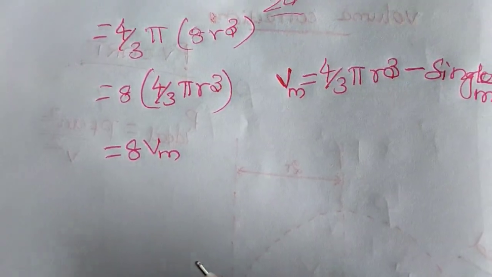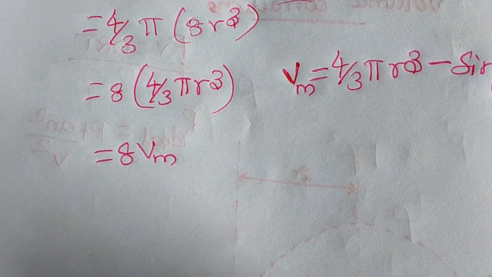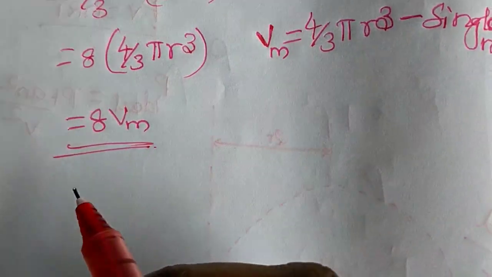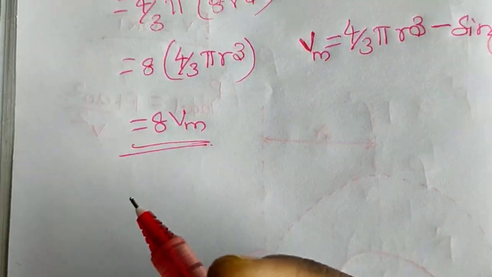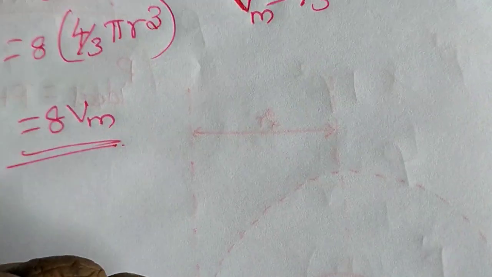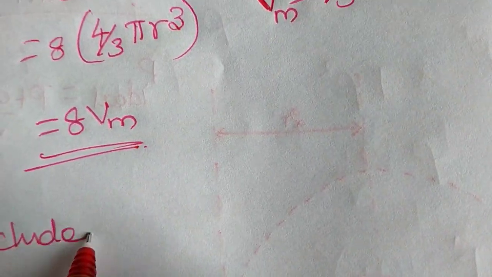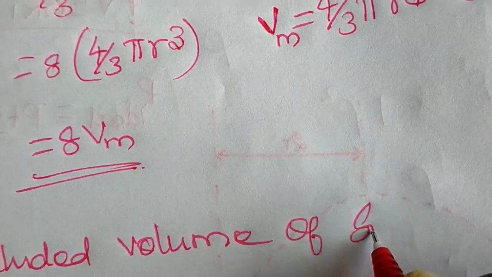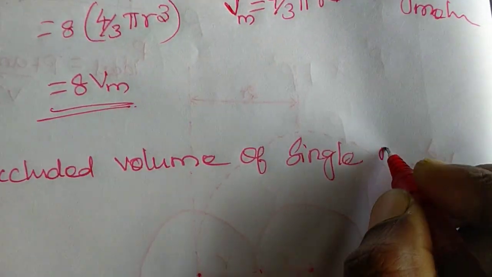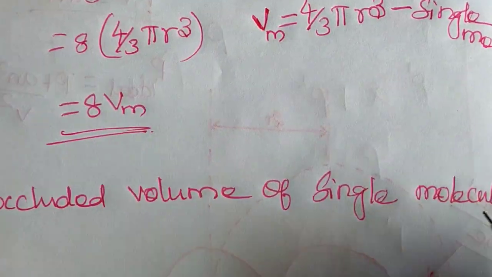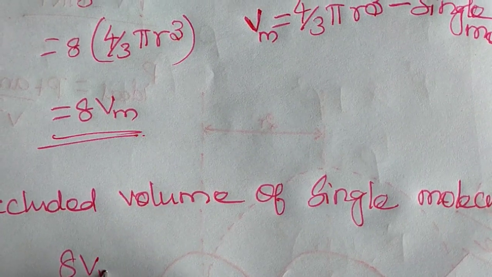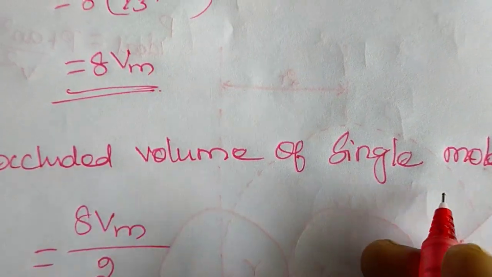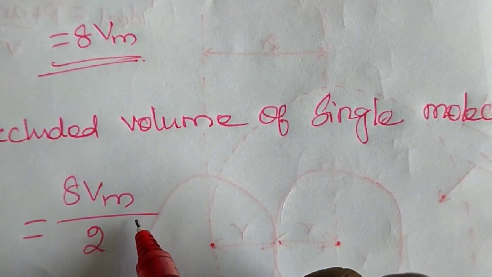Then we have to find the excluded volume for a single molecule. This value is for two molecules, so we have to find the volume for a single molecule. The excluded volume of a single molecule is 8 Vm divided by 2, because we calculate for one molecule from two molecules.